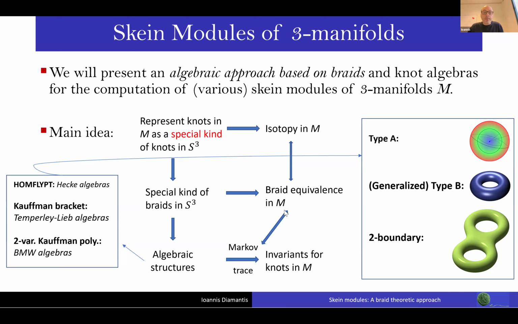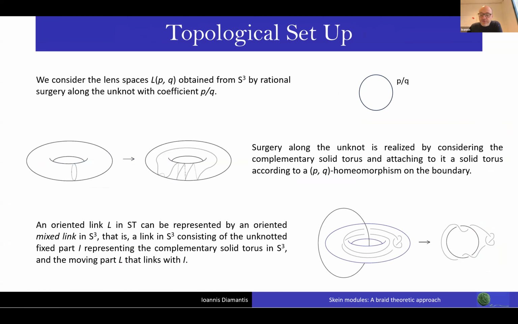All right, so let's start by seeing how we can represent knots that live in lens spaces as knots that live in S3. So we start by recalling a little bit the construction of the lens spaces. For this talk, we will consider the lens spaces to be obtained from S3 by rational surgery with coefficient p over q along the unknot, which means that we take a solid torus, right?